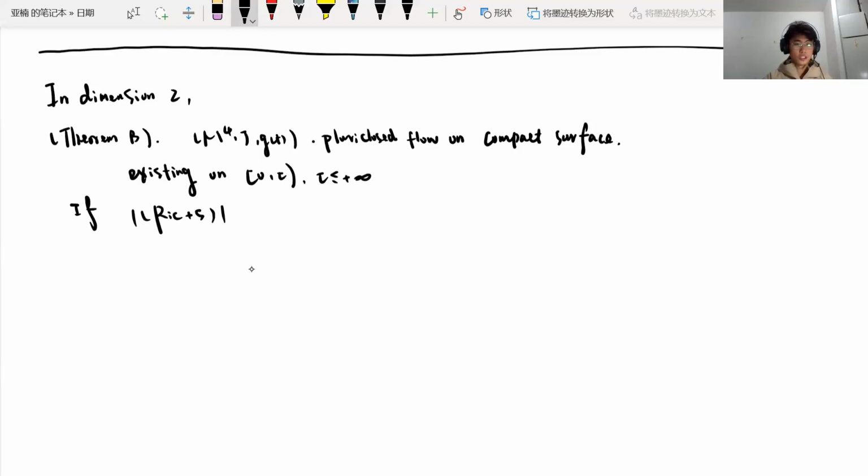Here Ric is the classical Chern Ricci and S is the second Chern Ricci. They are different in general for non-Kähler metrics. The sum of the two Ricci is bounded.